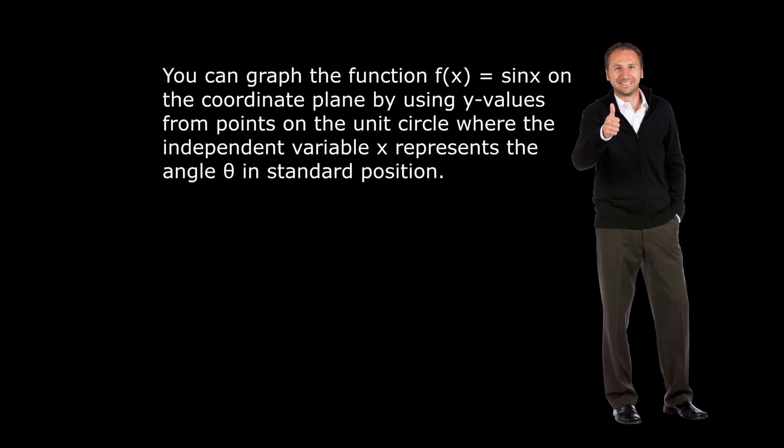You can graph the function f(x) = sin x on the coordinate plane by using the y values from the points of the unit circle, where the independent variable x represents the angle theta in standard position. To graph y = sin x, it's easy by using this table.